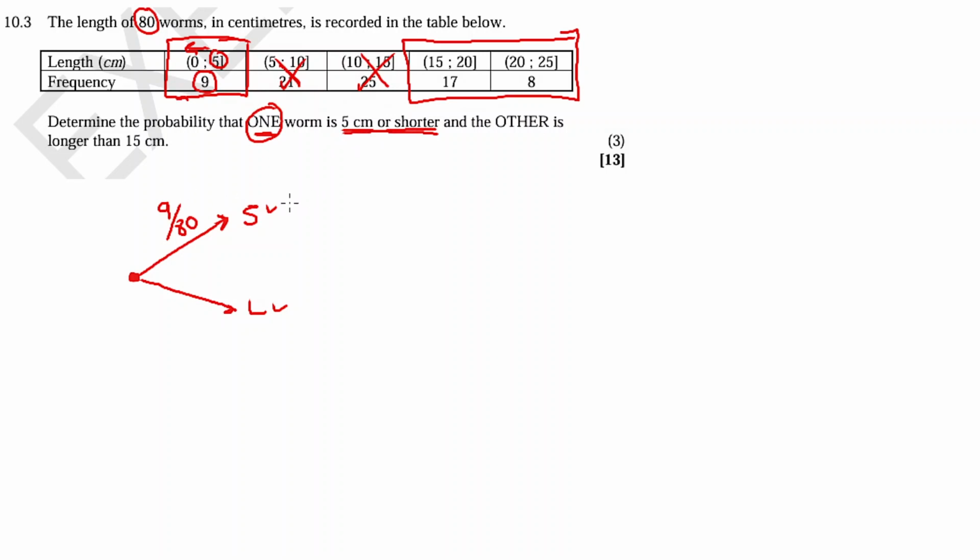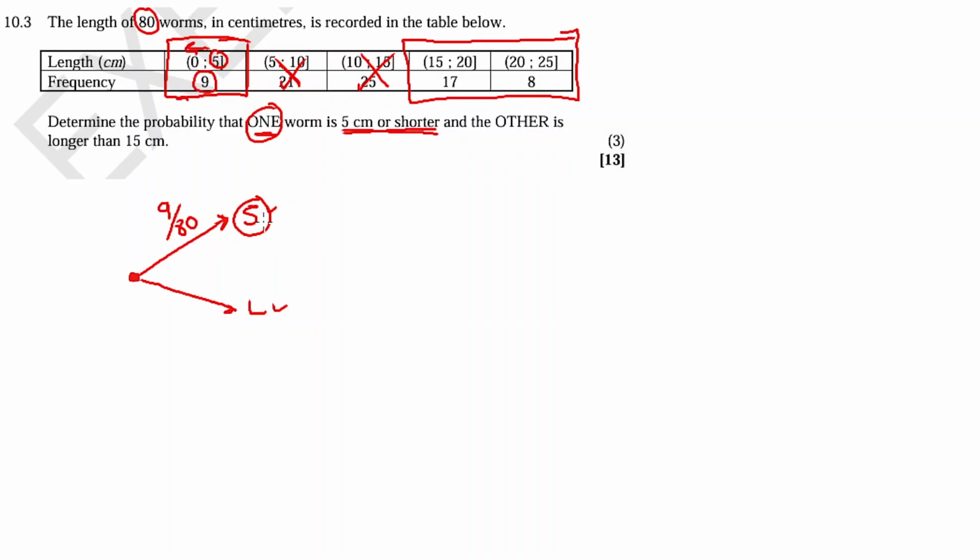I just want to say that the events are actually dependent on each other. After I choose this one, I don't put it back. I'm counting in a way. As much as I try to avoid using the word counting, it keeps on popping up. We are actually trying to find out or sort them out in a way.